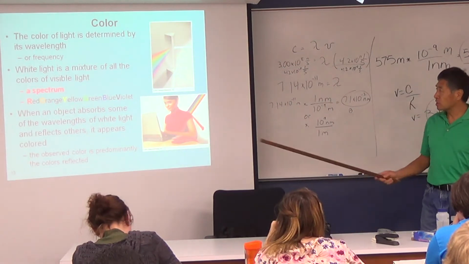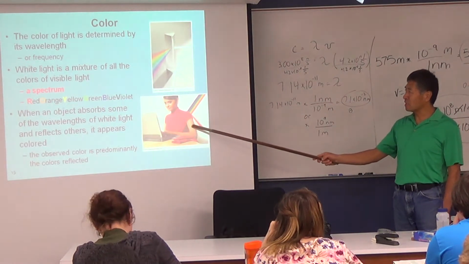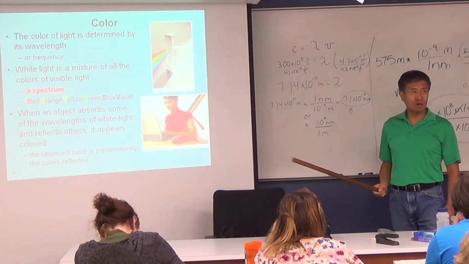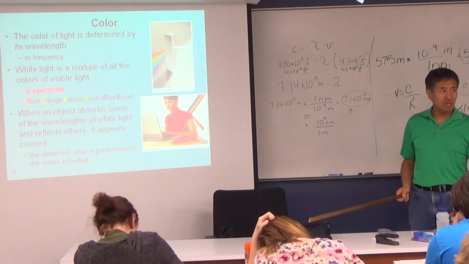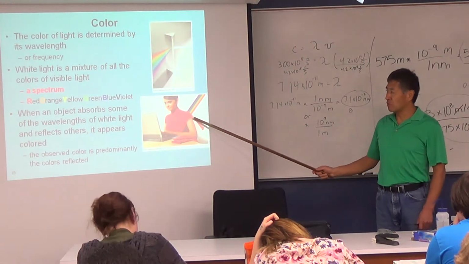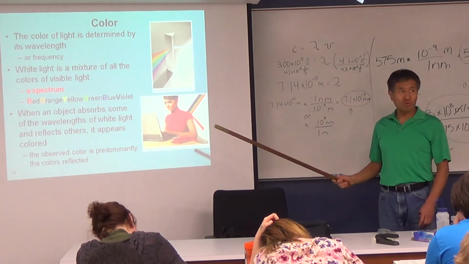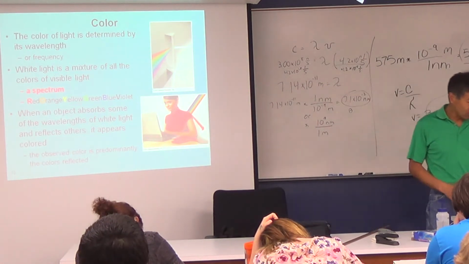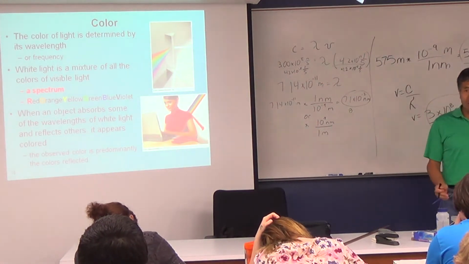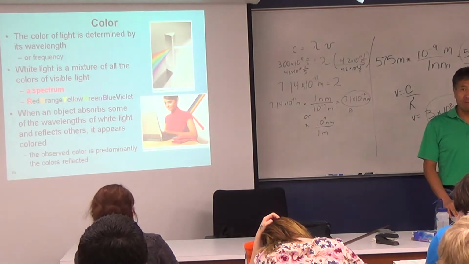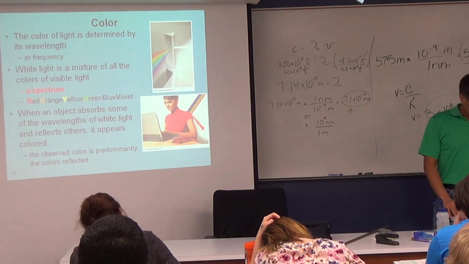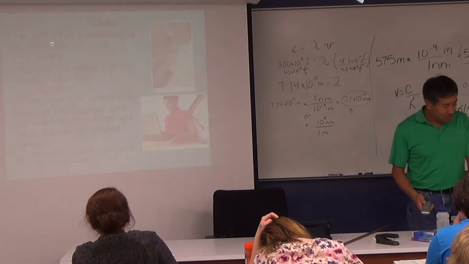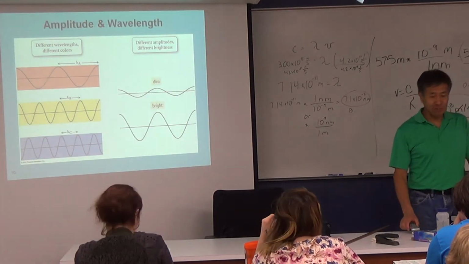This picture tells you this cloth appears as red because it absorbs all the other wavelengths or frequencies of other colors except red. So reflecting all the wavelengths for red, therefore this cloth appears as red.